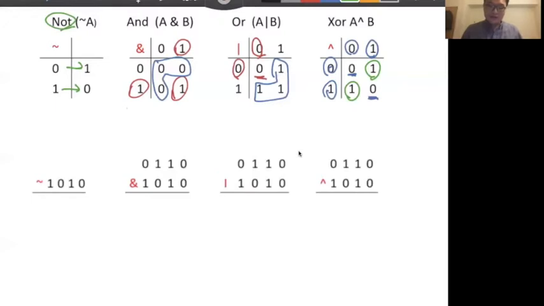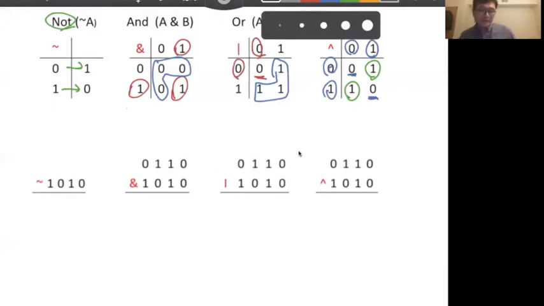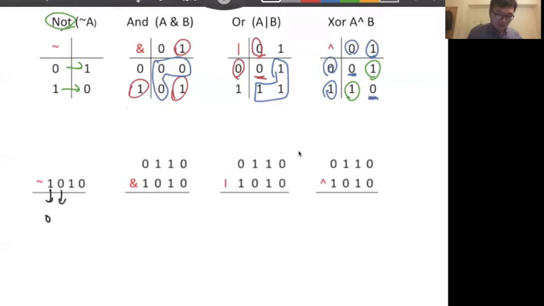Let's do some quick math for this. If we want to do a NOT, it's easy. One becomes zero, zero becomes one. That's how you do this computation. If you have a long sequence, like a 32-bit number, it's still not hard to compute. You just reverse each bit. For bitwise AND, if both are one, then it's one.